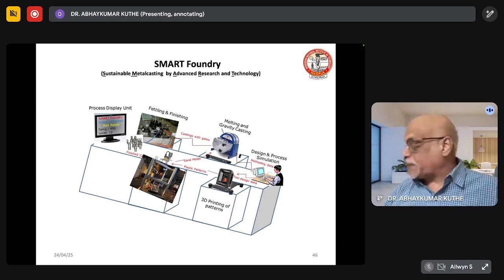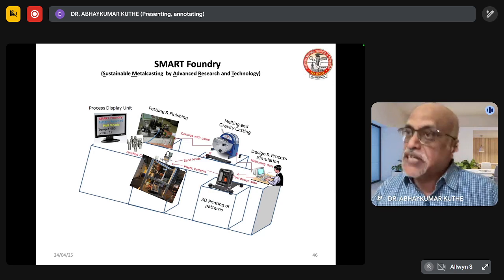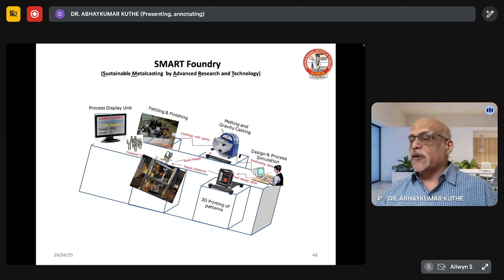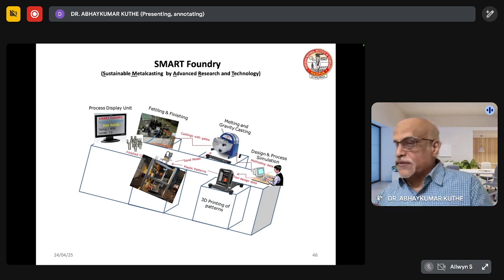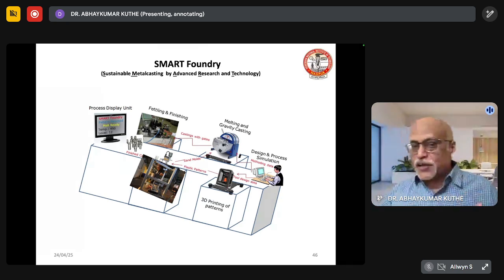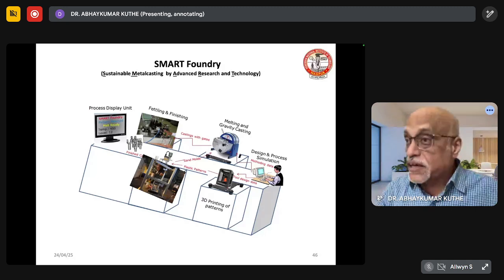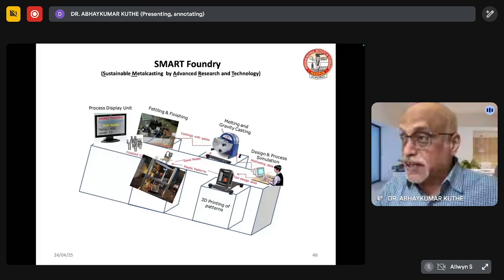Then 3D printing of the pattern. Yes, the pattern will be 3D printed. There will not be pattern makers or a pattern shop. The part developed on the computer is sent to the 3D printing machine, directly giving a physical model, with little or no human intervention.